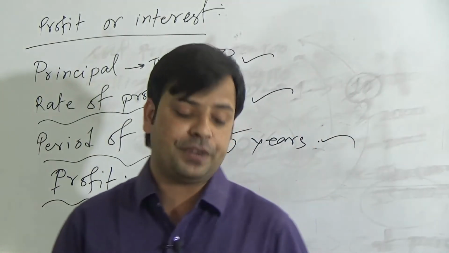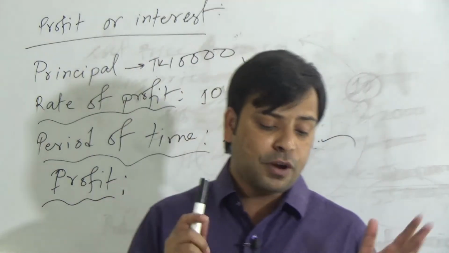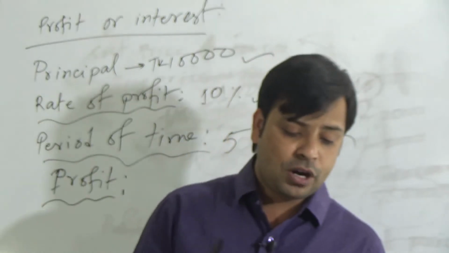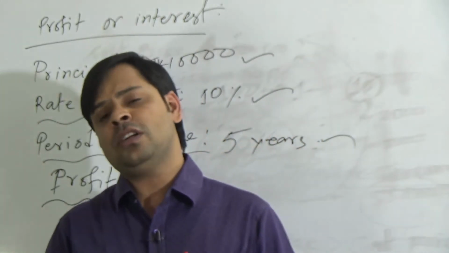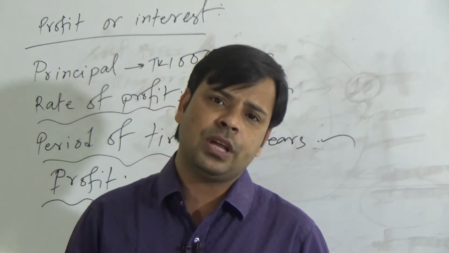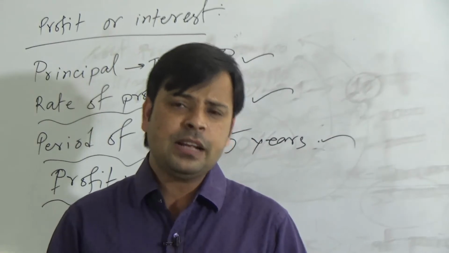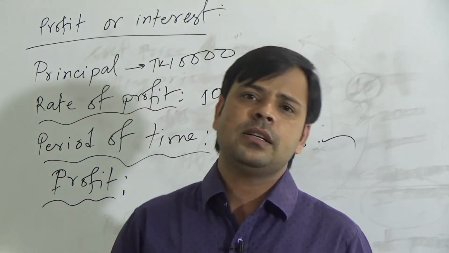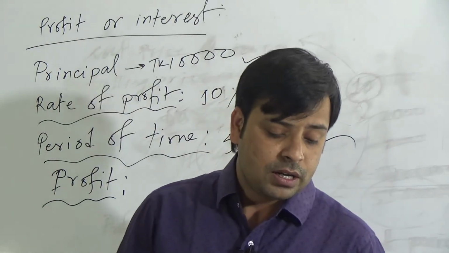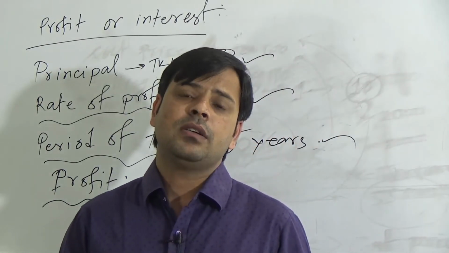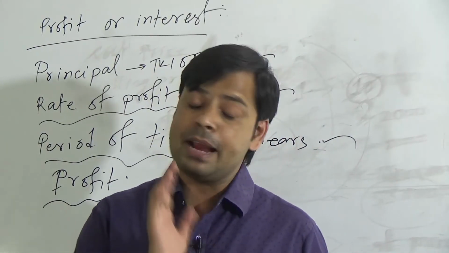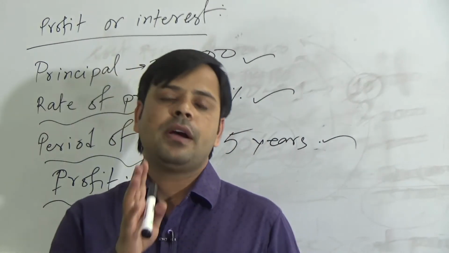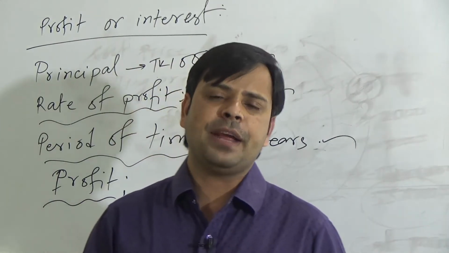What is simple profit? Simple profit means the profit which is accounted each year only on the primary or initial principal. The profit which is accounted for 1 year, for a fixed time period, only on the initial or primary principal.